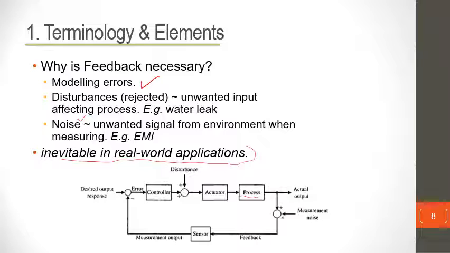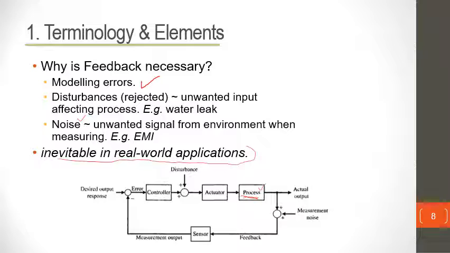And then another unwanted issue that we want to deal with is within the process model itself. So for the process model, in the case of a tank, for instance, we would want to have a good measurement of the dimensions such as the cross-sectional area or the height of the tank. But sometimes there are cases where the process cannot be modeled accurately enough. Maybe it's inaccessible for engineers and technicians to assess, so it's almost impossible to model it.